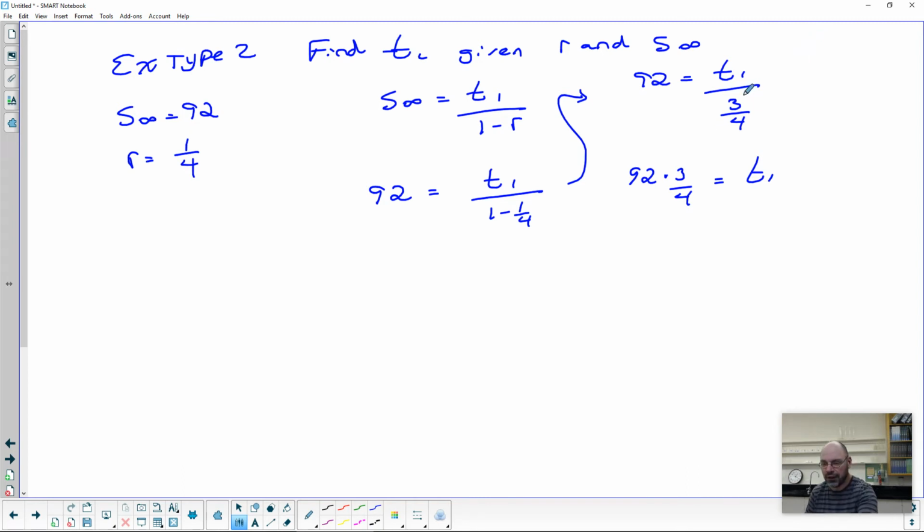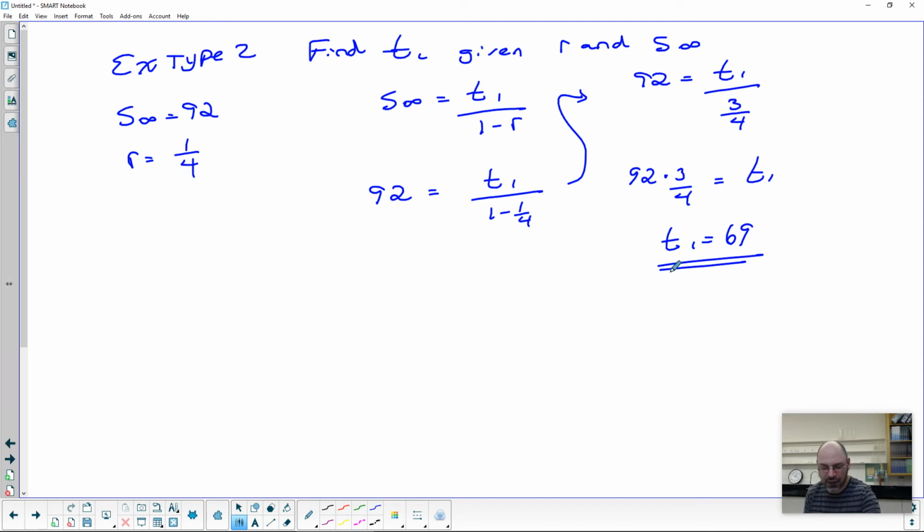So 92 times 3 divided by 4, and I get 69. So that is the first term of that particular equation.